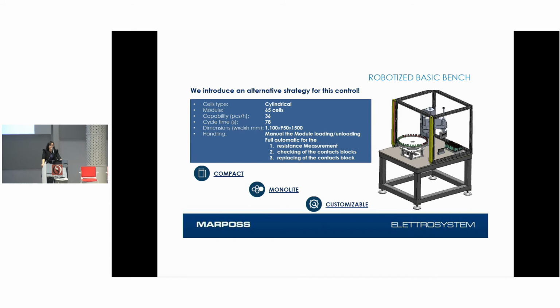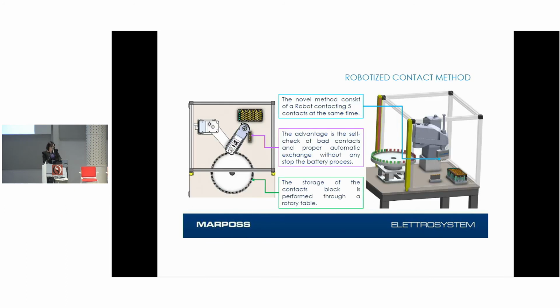What we propose today is something really compact, monolithic, and customizable, because it's just a robotized basic bench in which there is a solution for contacting just a row in this module. So we have all the operations done in this part of the cell in automatic mode, and just the loading and unloading of the modules in manual mode.